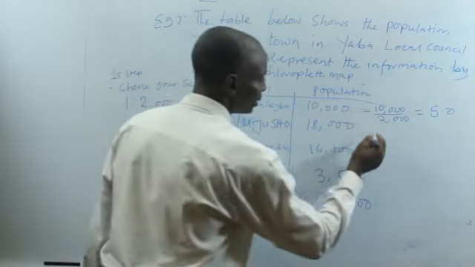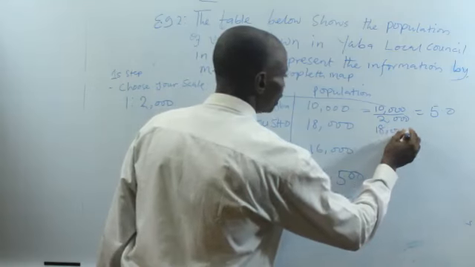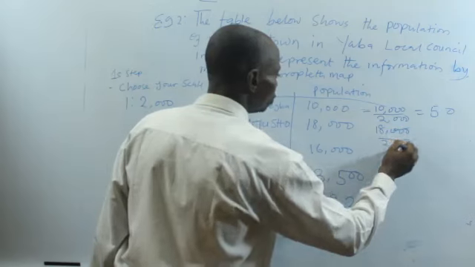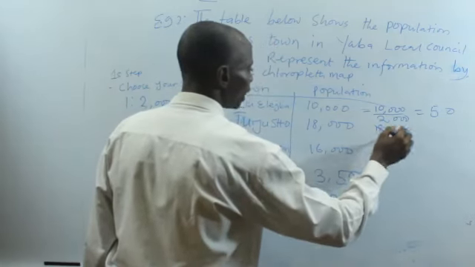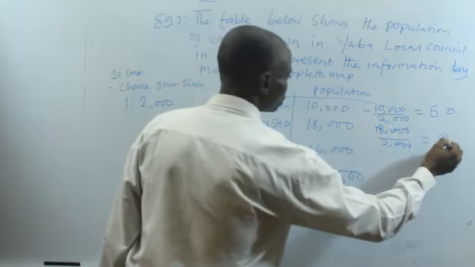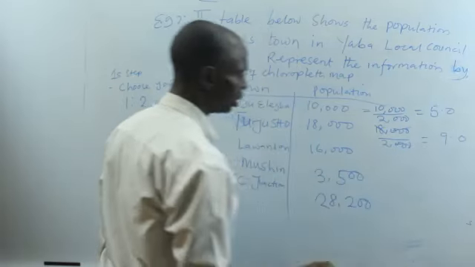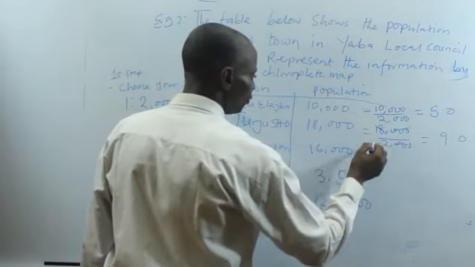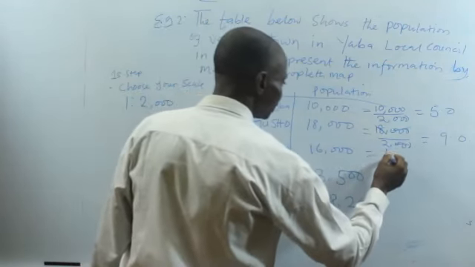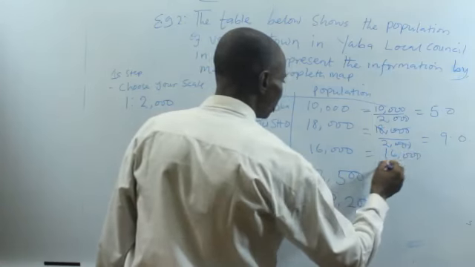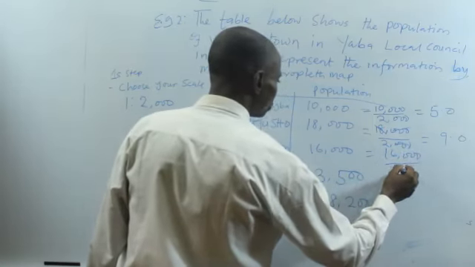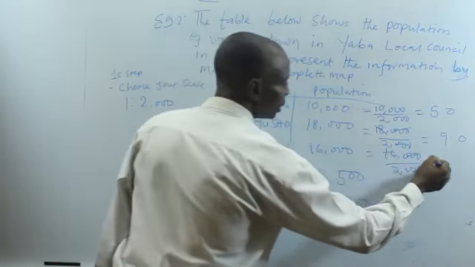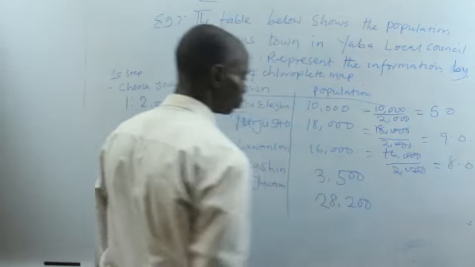Now you come to the second town. The second town is 18,000. 18,000 divided by 2,000. The answer is equal to what? 9.0. Then the third town is 16,000. 16,000 divided by 2,000 will give you 8.0.